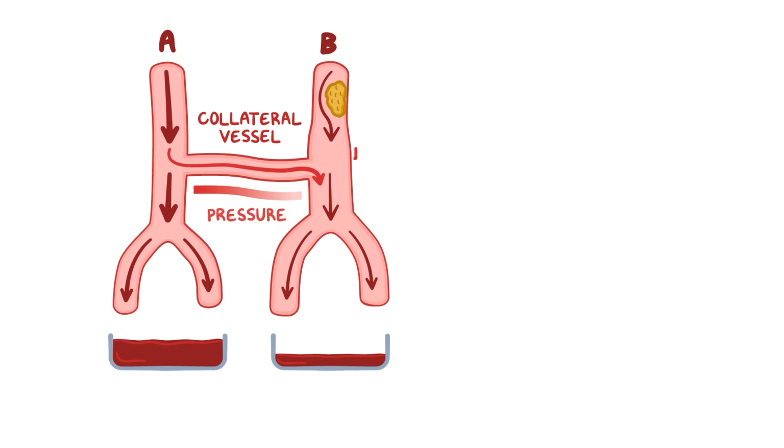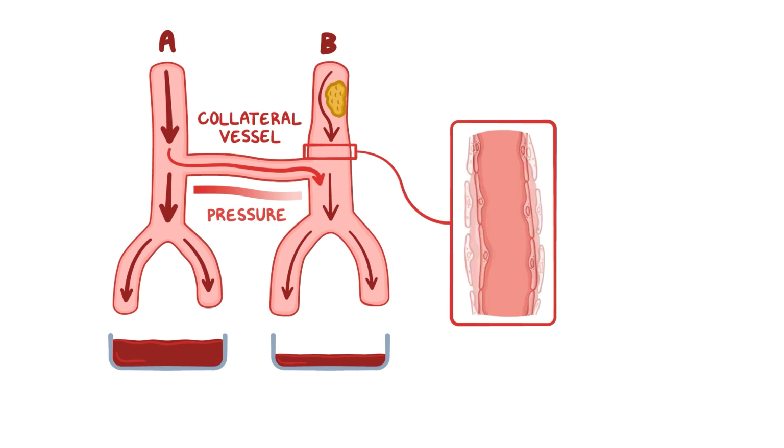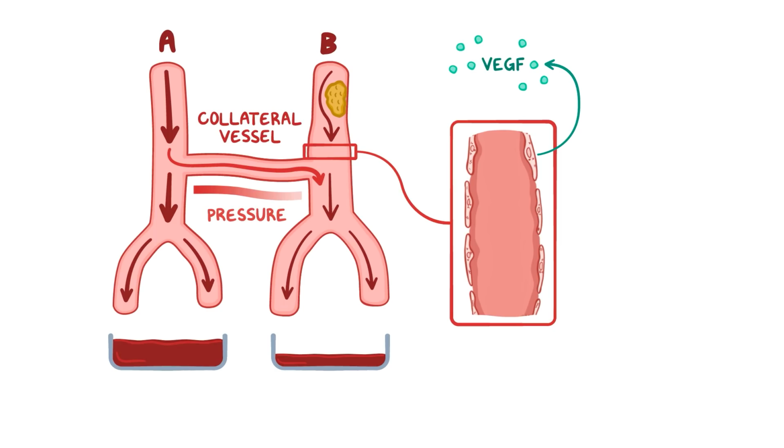Now, the sudden gush of blood through the collateral vessel stretches its walls and deforms the endothelial cells, which stimulates the production of growth factors, like the vascular endothelial growth factor, or VEGF, from the vessel wall. These growth factors act on the collateral vessel wall and bring about two changes.